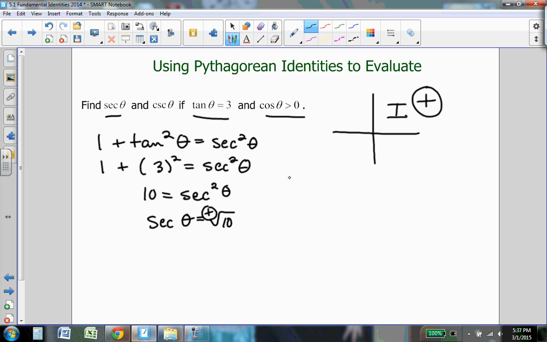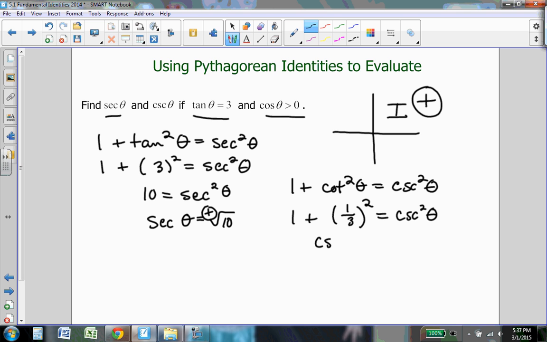Now to find the cosecant, we know that 1 plus the cotangent squared would give us the cosecant squared. And we know that the cotangent is the reciprocal of tangent, so we're using a reciprocal identity as well. So that's 1/3 squared is our cosecant squared.